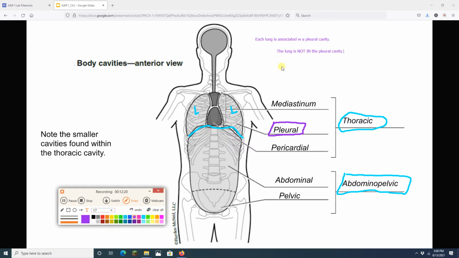Now, in between your two lungs, there is a region.